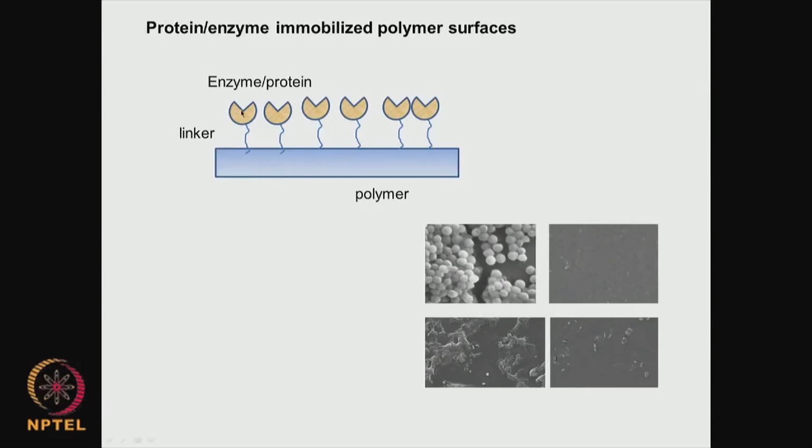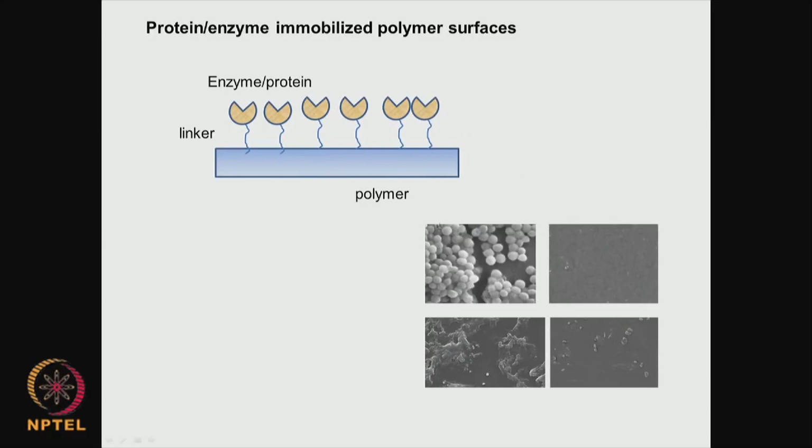Let us look at another example. Here I have immobilized an enzyme or a protein. It could be a protease, papain and so on, which has certain effect on amide bonds. That means they can kill bacteria. So, this is the polymer surface. I have a linker and I attach a protein. Then I am trying to see whether this type of design can reduce the bacterial attachment.